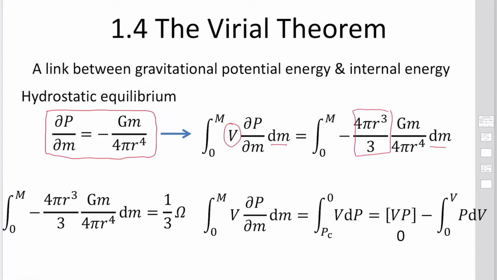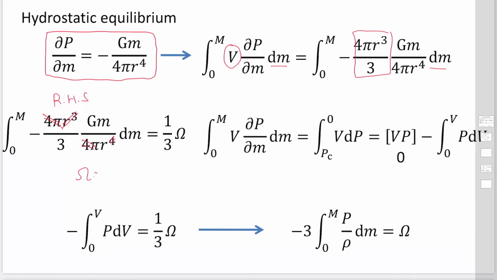Then the right hand side can be expressed. Actually the 4 pi is going to be cancelled out. The definition of omega is minus the integral from 0 to capital M of Gm over r dm.